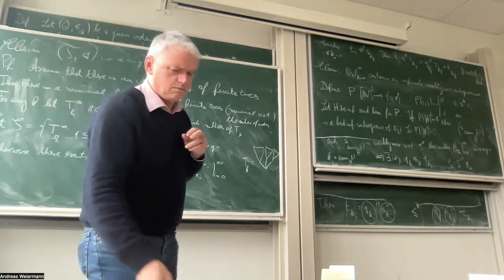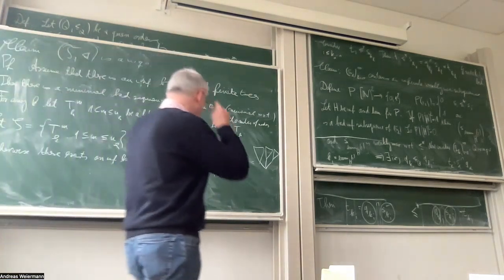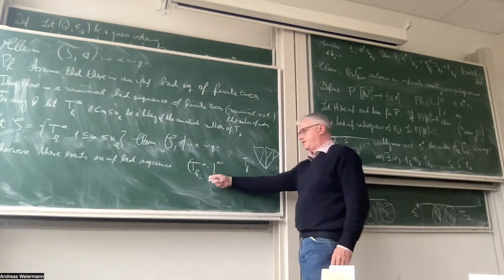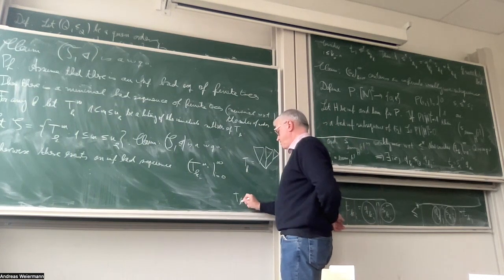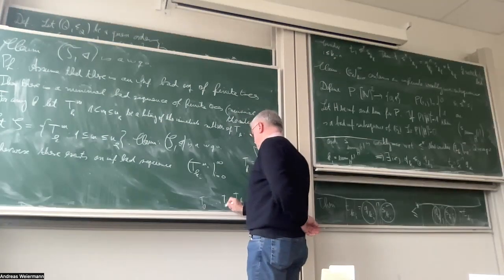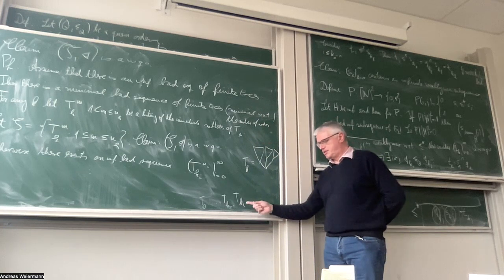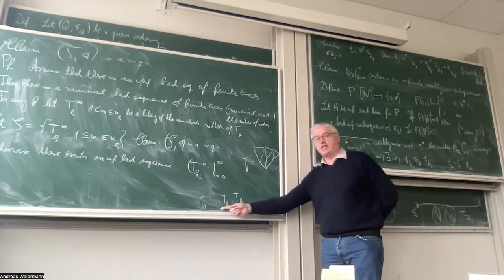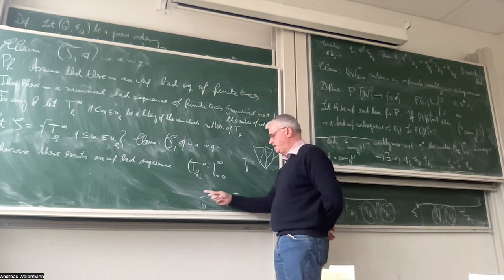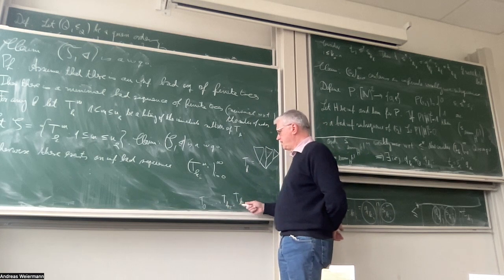Now it's important that I have here, if I fix some ki, then how many trees are there having index smaller than ki? These are finitely many. Now there are finitely many trees which have an index smaller than ki.